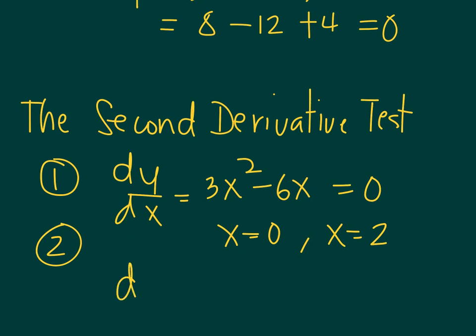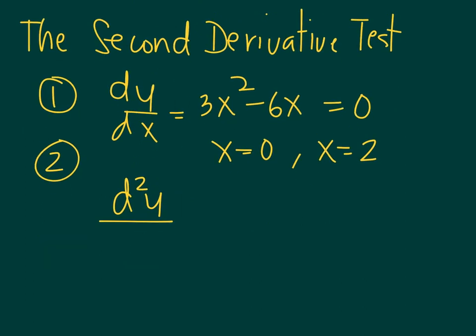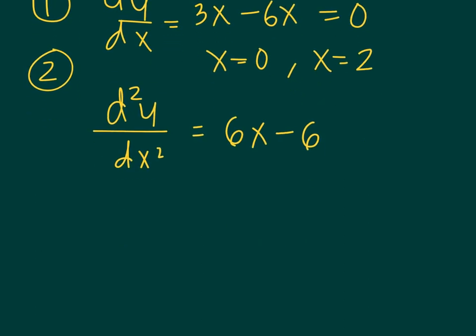So the second derivative, d squared y over dx squared, that's the notation for the second derivative, this will be equal to 6x minus 6. And immediately you apply the values of x one at a time.